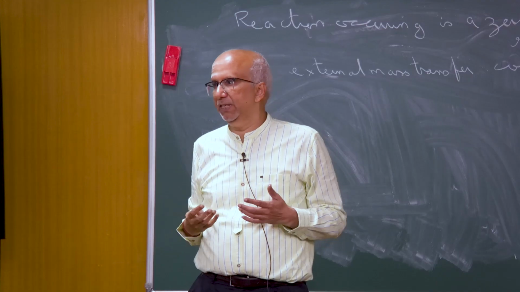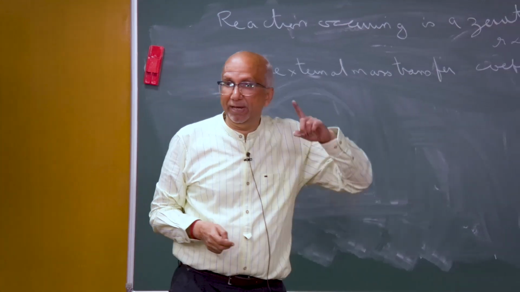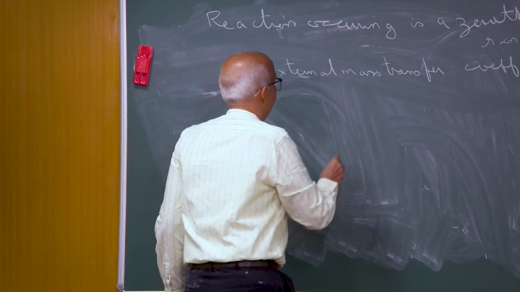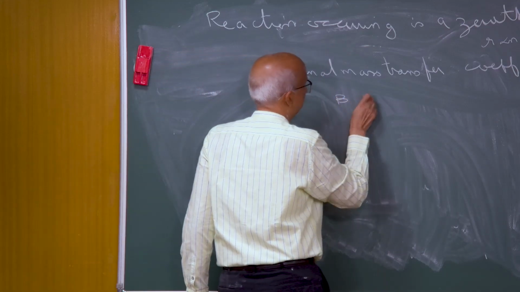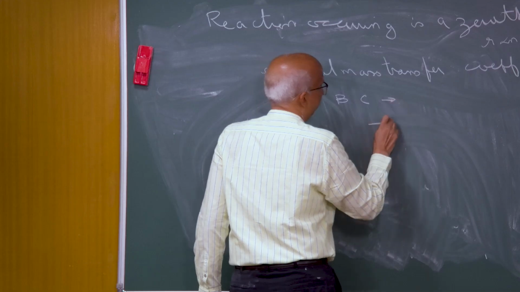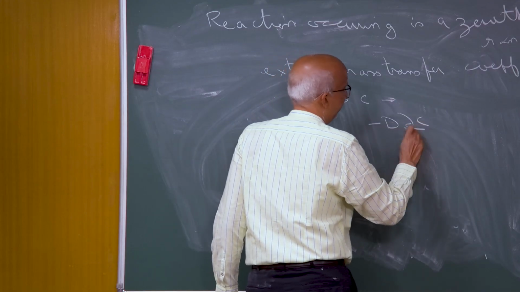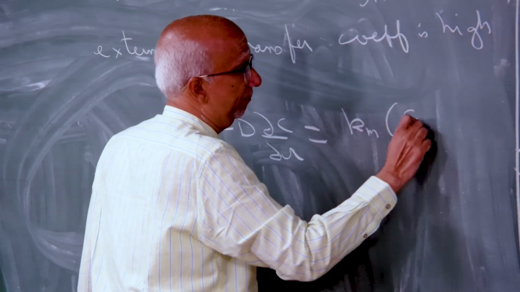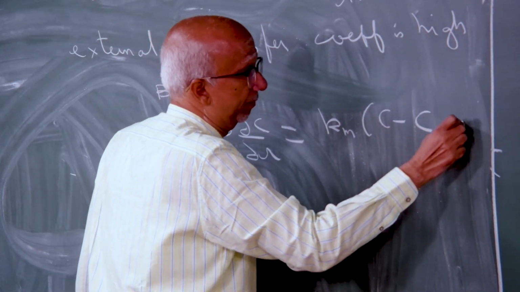So, there is no mass transfer resistance. That is the same as my heat transfer coefficient H being infinity. So, the boundary condition will be minus D dC by dr equals Km times C minus C ambient.